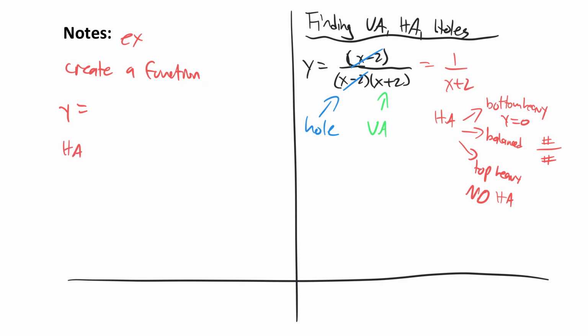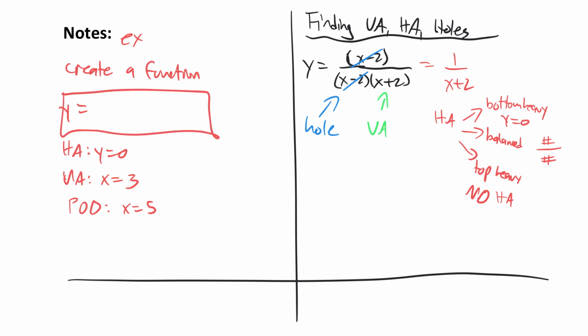Make it have a horizontal asymptote at y equals 0, a vertical asymptote at maybe x equals 3, and give it a hole at maybe x equals 5. So go ahead and come up with a function that meets that criteria.